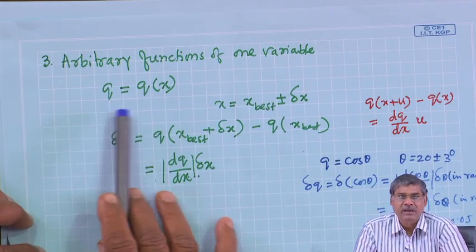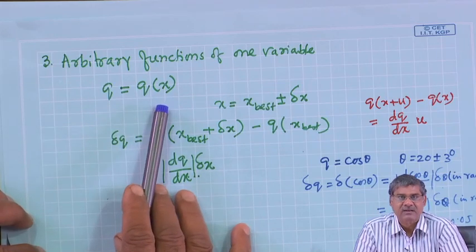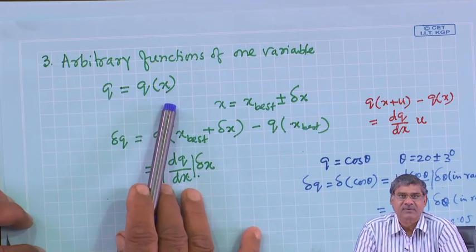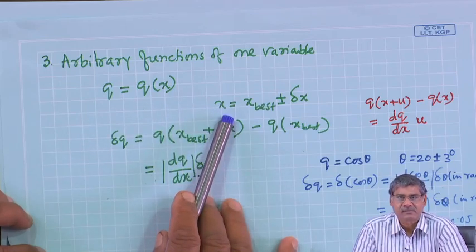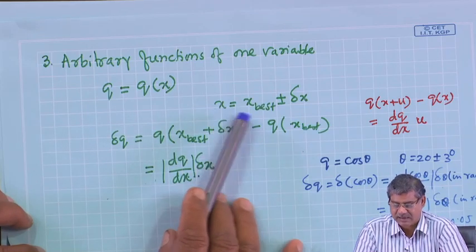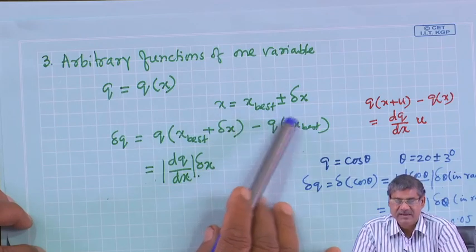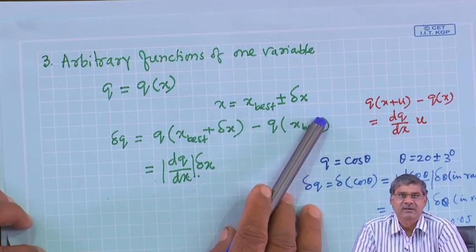Here q is a function of x, and x is the measured parameter, so x equals x base plus or minus del x.